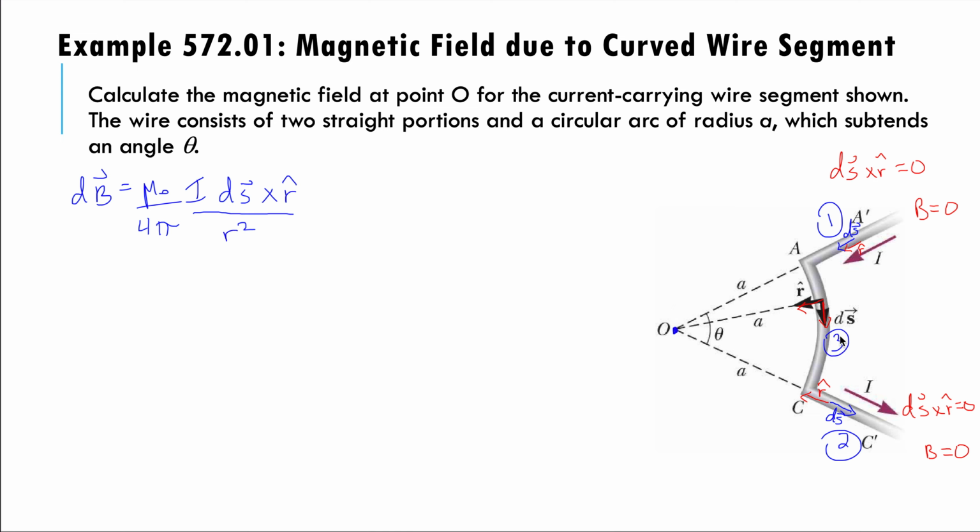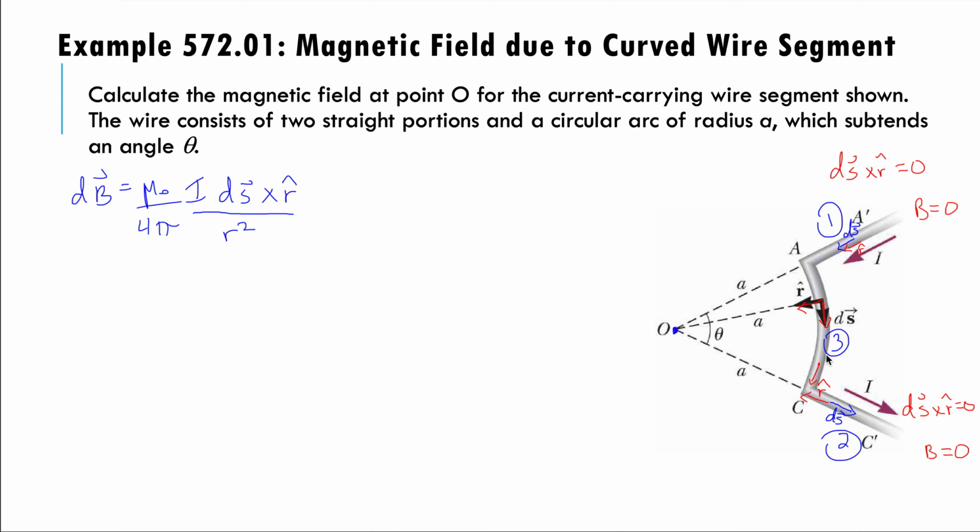It's helpful to draw several ds's to make sure that the field points in the same direction for every single segment, because that's the only way that we're going to be able to integrate, if all of the fields point in the same direction.